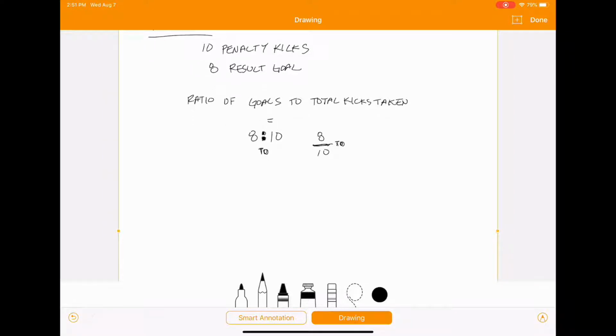Say, for example, you wanted to know the ratio of goals to misses. We know that we took 10 penalty kicks and we made 8, so therefore we can make the educated guess that we missed 2. So that ratio of goals is going to be 8 to 2.